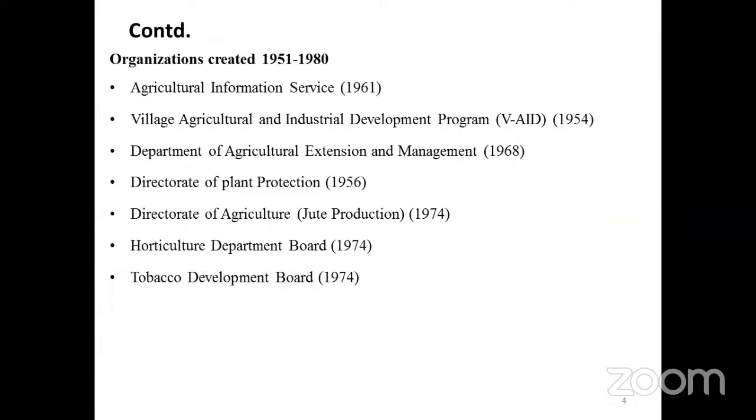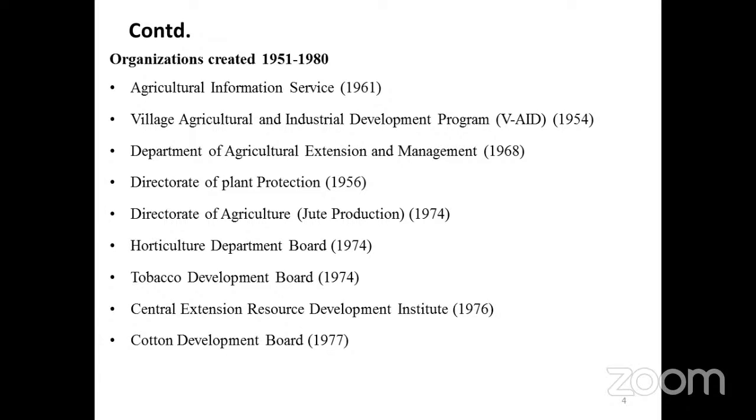These are some of the organizations that were created for extension in Bangladesh. Particularly after 1974, Bangladesh having come into being in 1971, the major change came up there. First came the Directorate of Agriculture, which was specifically for jute production, then horticulture, tobacco, and other things.